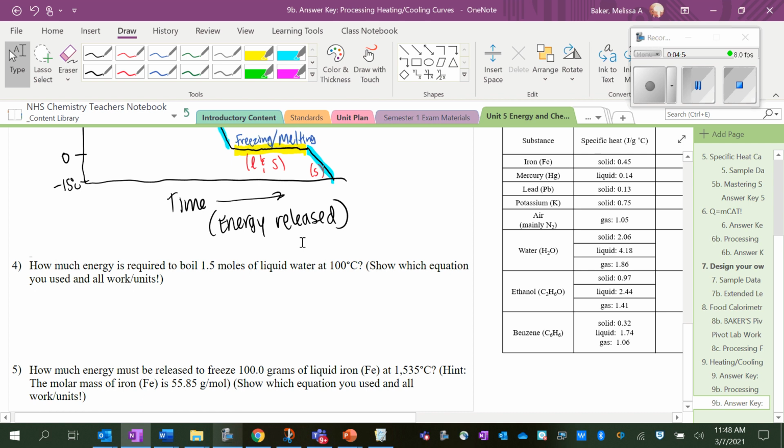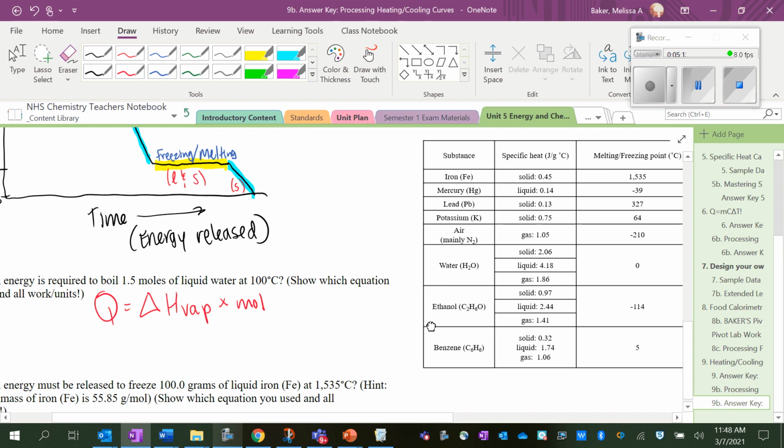How much energy is required to boil 1.5 moles of liquid water at 100 degrees Celsius? Well, if we're boiling, we use the heat of vaporization formula. And so we need to look up this constant for water.